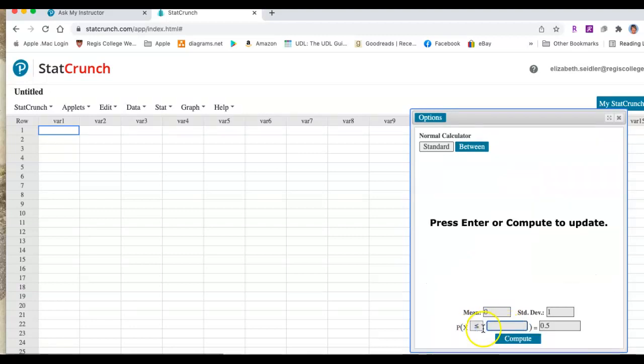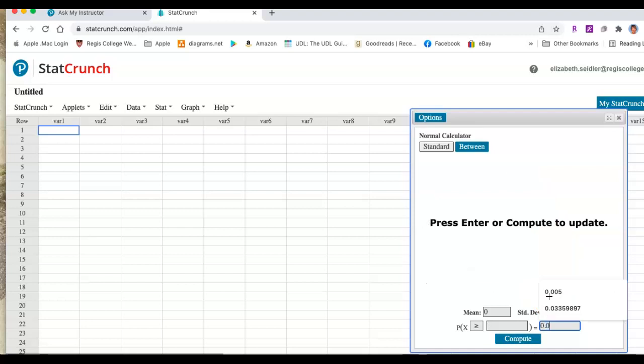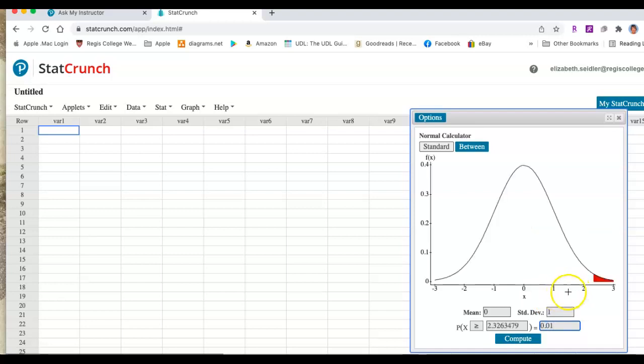Take that out because I'm looking for the critical value. And the area, right now it shows a value of 0.5. I want this to be 0.01, I believe is what I said. So my Z statistic is then this number right here, 2.32. Rounded up is 2.33.